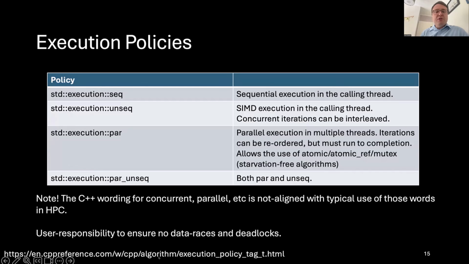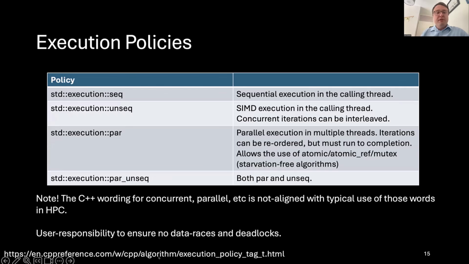So in the DAXPY example, you can do the multiplication with a scalar on several iterations of the loop before adding the result of that to the y, for example. So you're allowed to interleave those iterations in a kind of SIMD style, so multiple iterations make progress before they make later progress in the same function call itself.